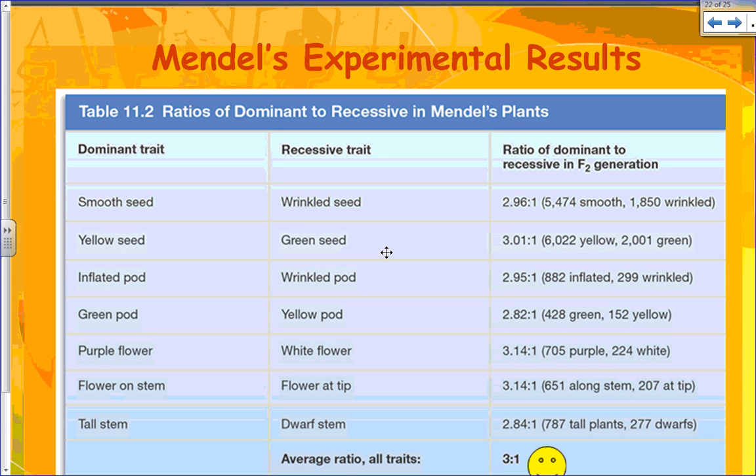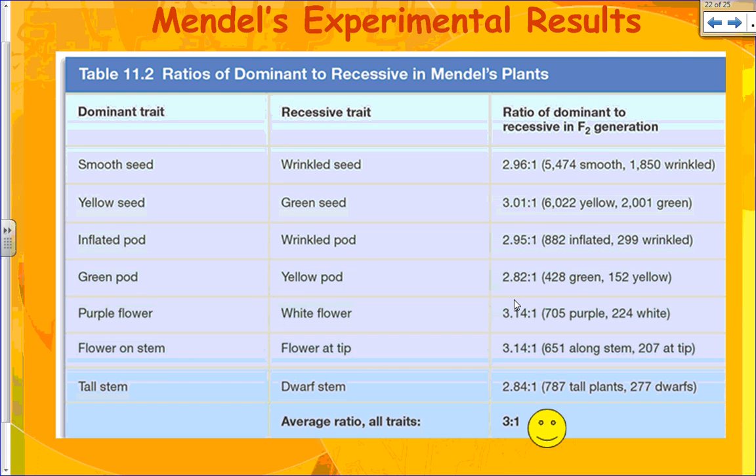So Mendel's experimental results. After doing all of those plants, Mendel got the following ratios, which he was very happy with, because you can see the pattern that started to emerge. Now this is the F2 generation, and we'll talk a little bit more about F1 and F2 and what those mean.